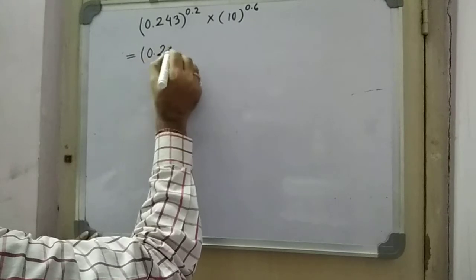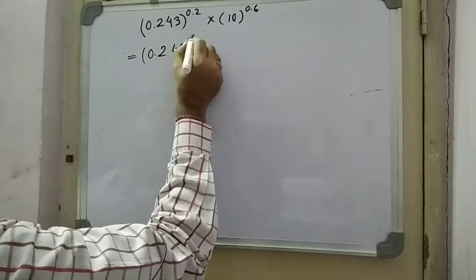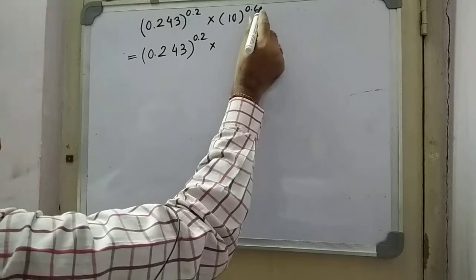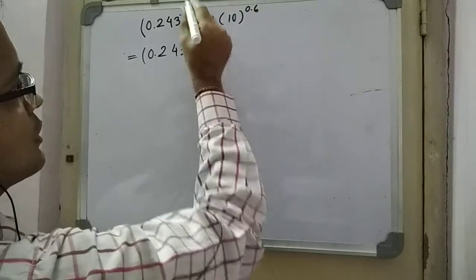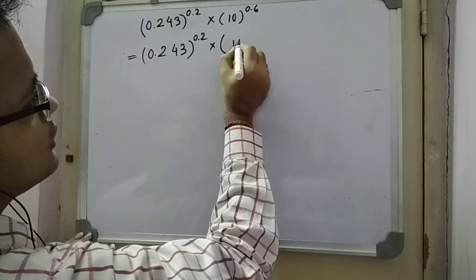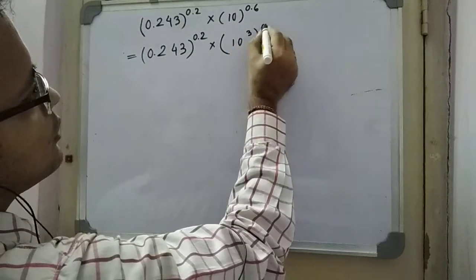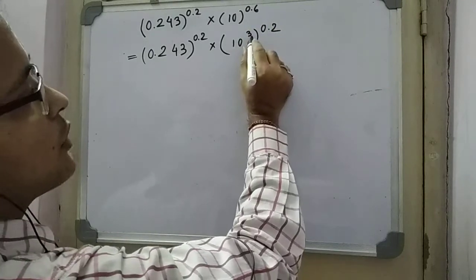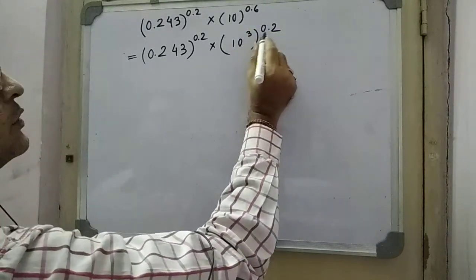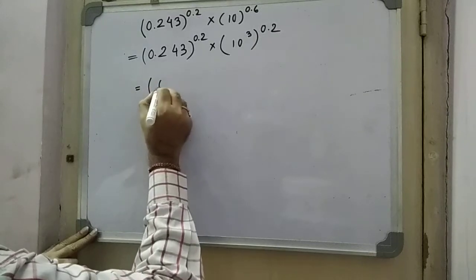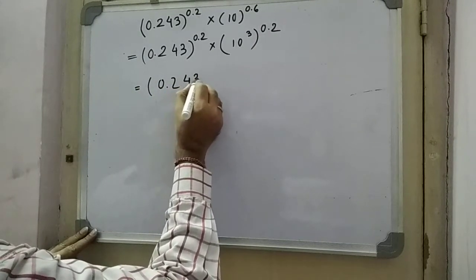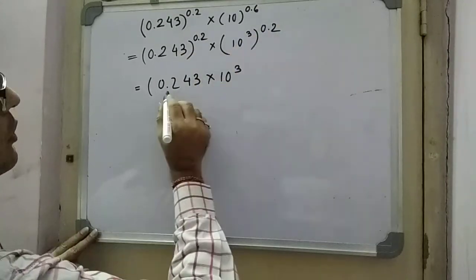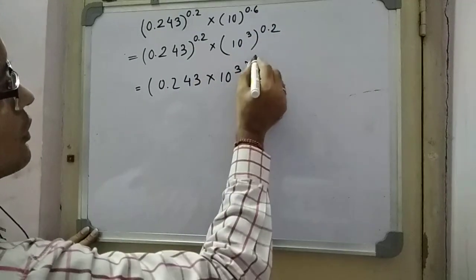First, I will keep it same and make this power or this exponent same as this one. So for that I can write it as this one. So see, 0.6 is broken into two factors, 3 into 0.2. So now I can write a to the power m into b to the power m equal to ab whole to the power m.